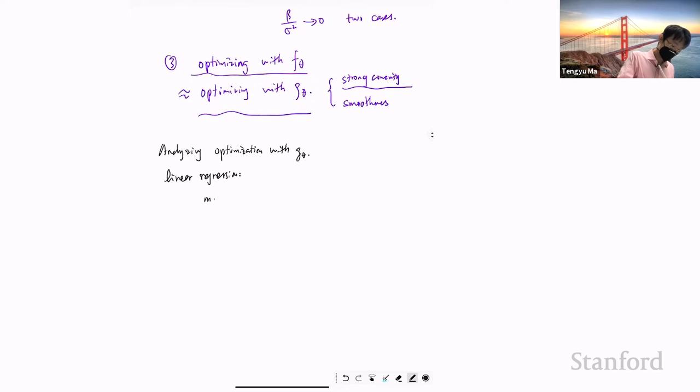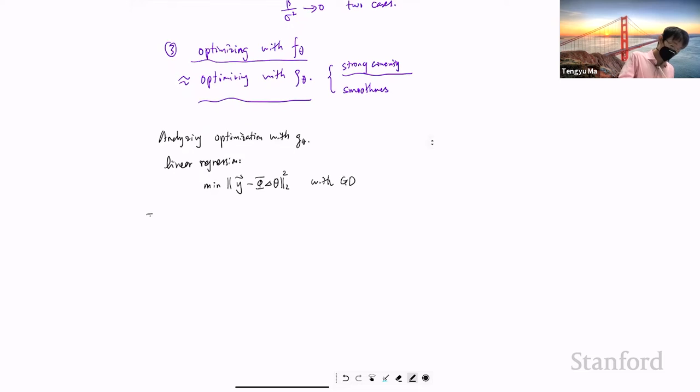So the problem is really you minimize the squared 2-norm of y vec minus phi delta theta, with GD. And just to briefly recall the notation, phi is this feature matrix, which is an n by p matrix, and each row is grad f theta at 0 x_i transpose, let's say. You put all of these as rows.